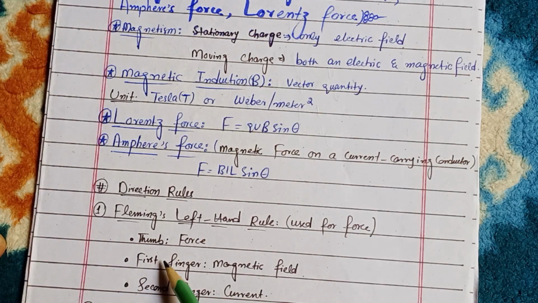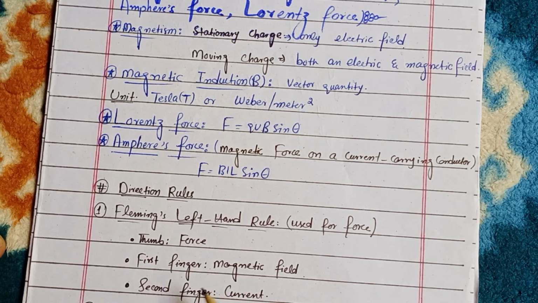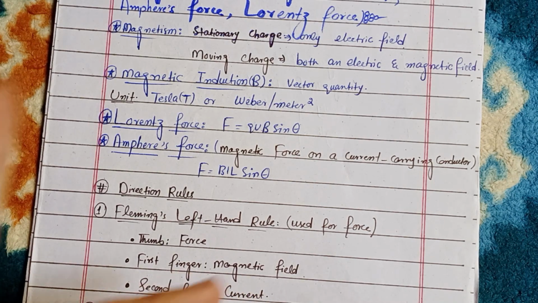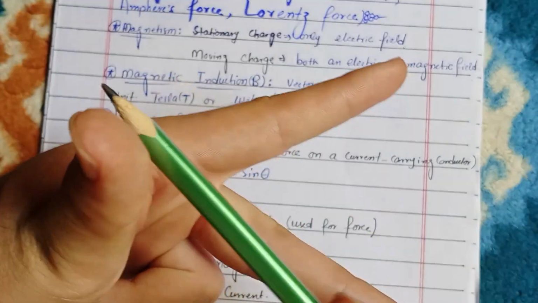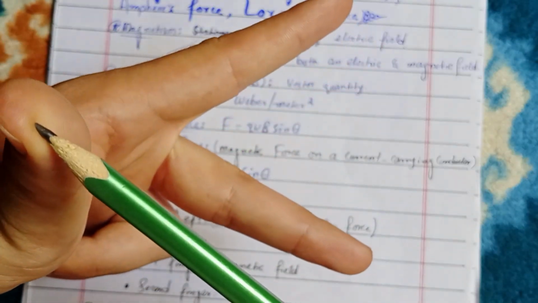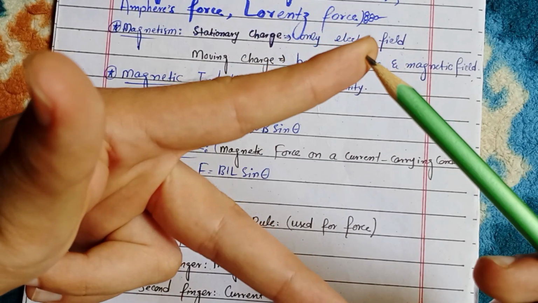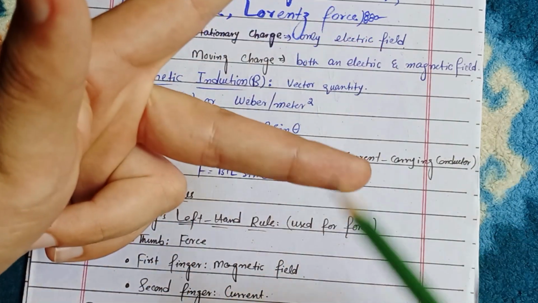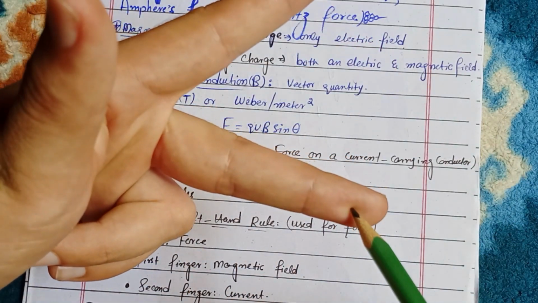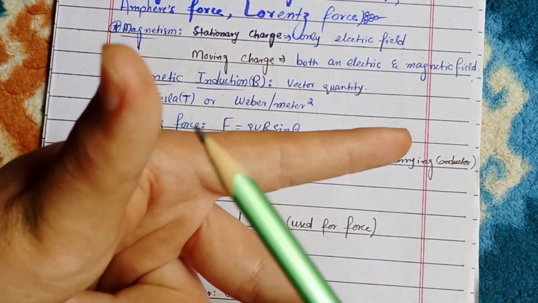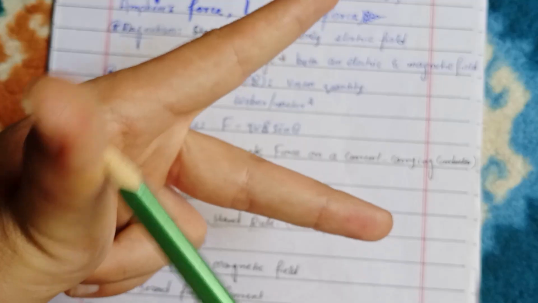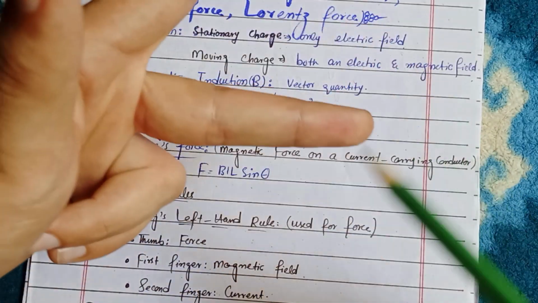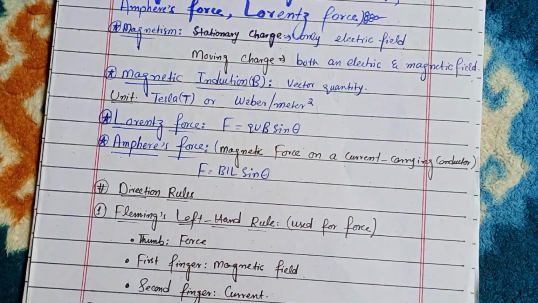The thumb represents force, the first finger represents the magnetic field, and the second finger represents current. You can memorize it as FBI: F for force, B for magnetic field, and I for current.